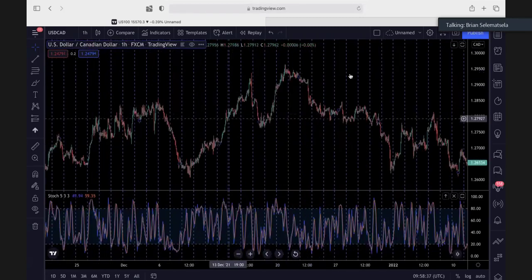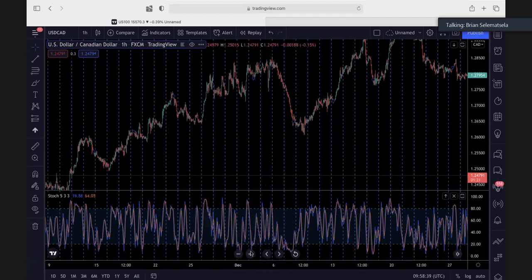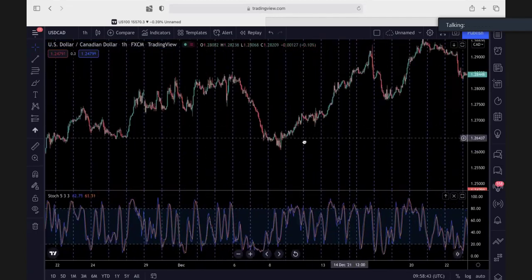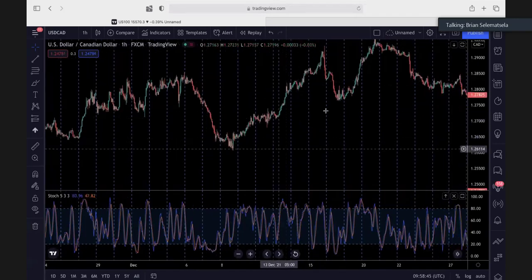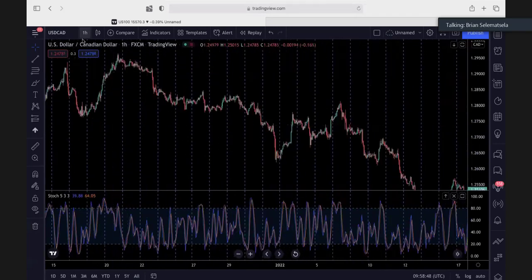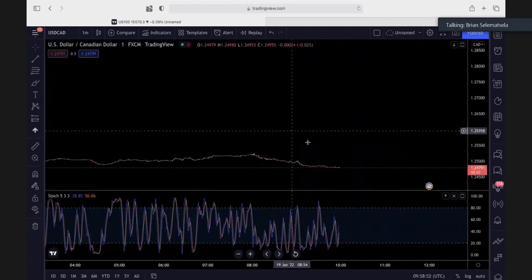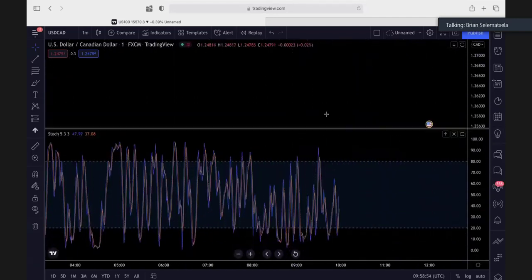From the top here, pay attention that every movement, whether the market is going up or going down, there is a footprint. Even if I go to 1 minute of 1 minute, I'll find a footprint, okay?